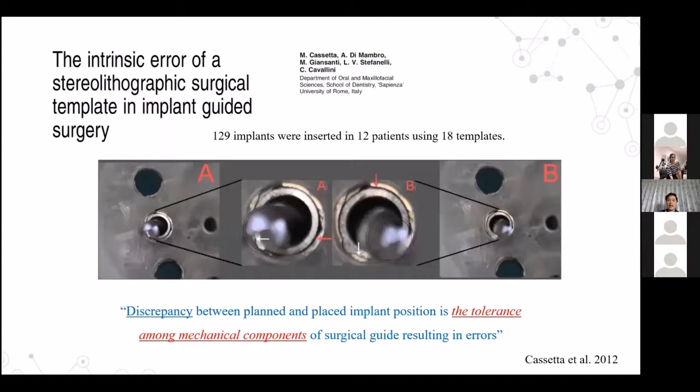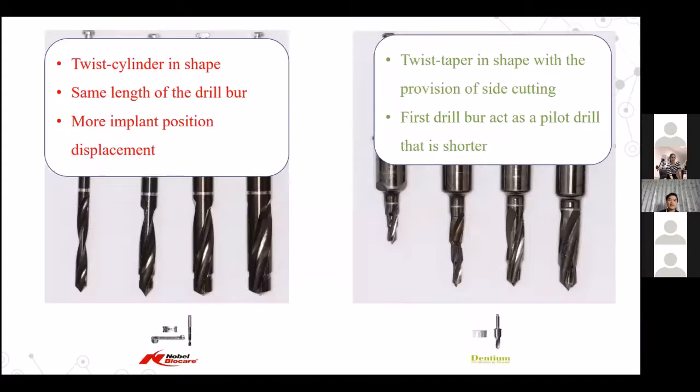According to Et al. in 2012, they showed that the most important cause of the discrepancy between planned and placed implant position is the tolerance among mechanical components of the surgical guide, resulting in error.